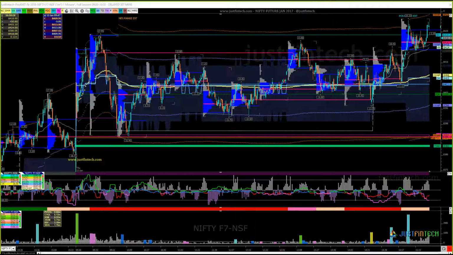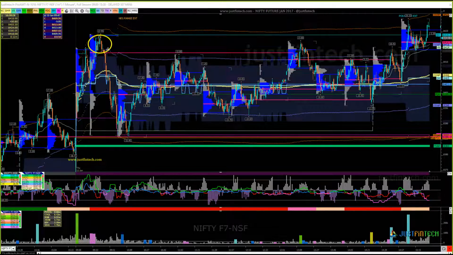Let me mark that. So a nice balance here and breaks down from that balance. Comes again, rotates here for a while after this failed auction, tries to find consensus in this zone.